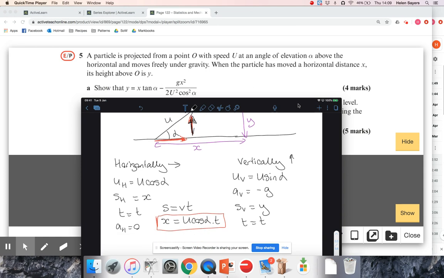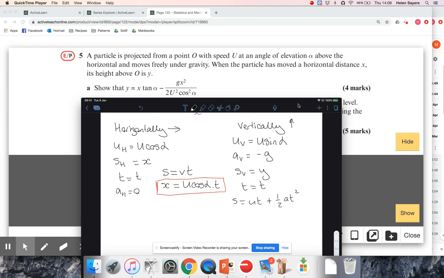So using s = ut + ½at², s is y, u in the vertical direction is capital U sin alpha, t is t, and then plus ½a, where a is minus g, so I'll put the minus there straight away. That's minus ½gt².